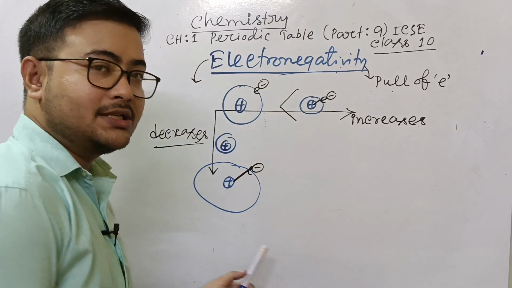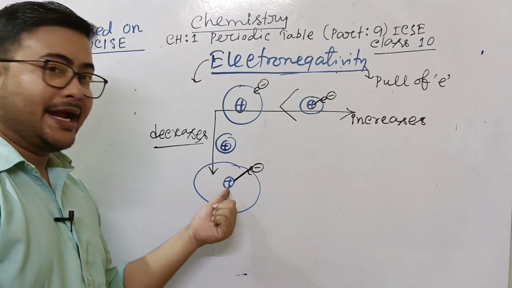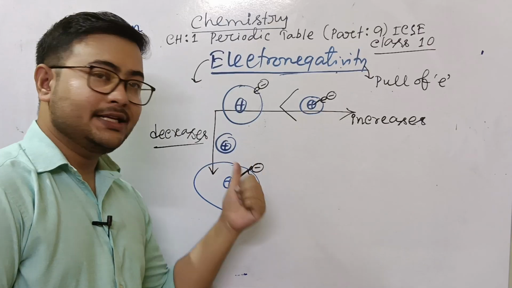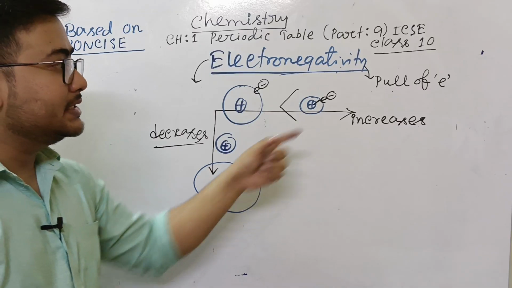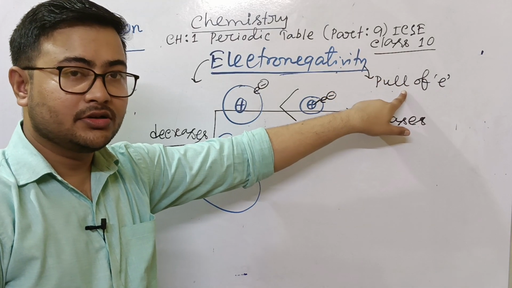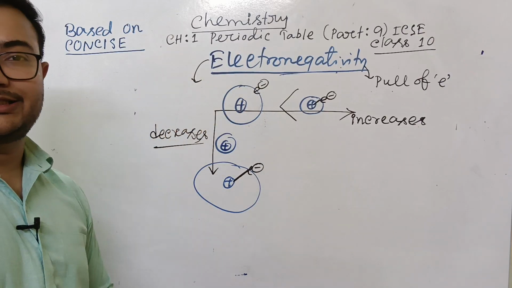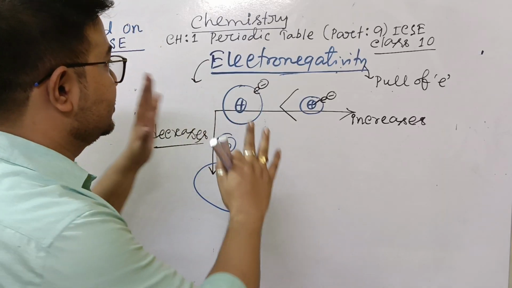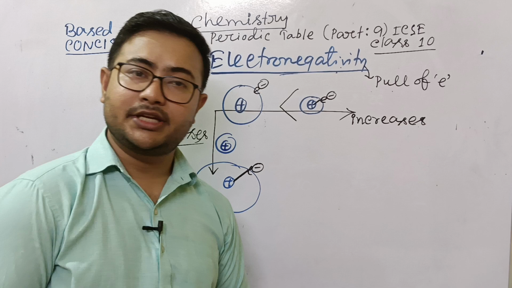As we move downwards, since the radius of the atom increases, nuclear attraction towards the outermost shell decreases. Therefore it has less tendency to pull the electron, so electronegativity decreases. Done.